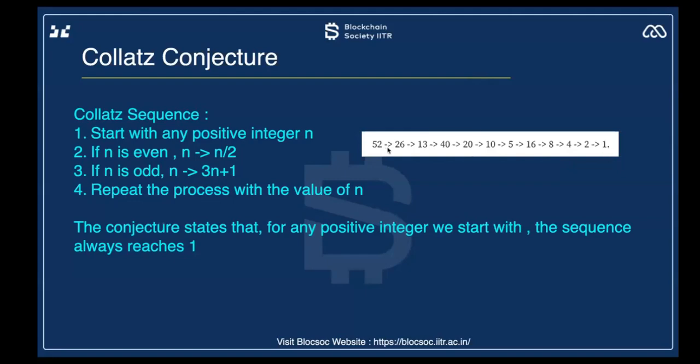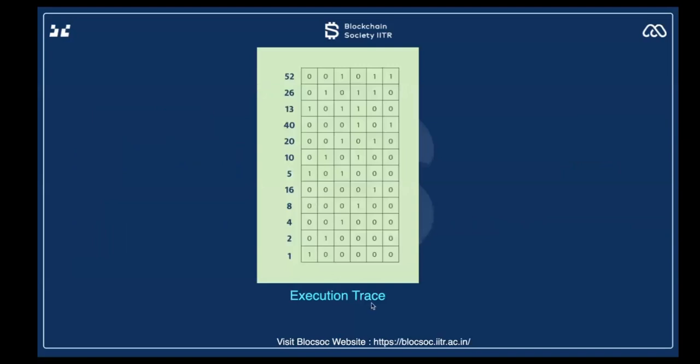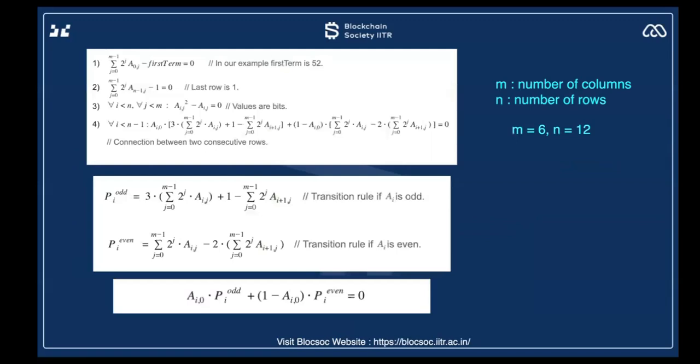So this is my computation, that I go from every number to the next number while applying these operations. So in the execution trace, I will represent all of these numbers, and in this example, I have represented them in bitwise form, where the most significant bit is on the right and the least significant bit is on the left.